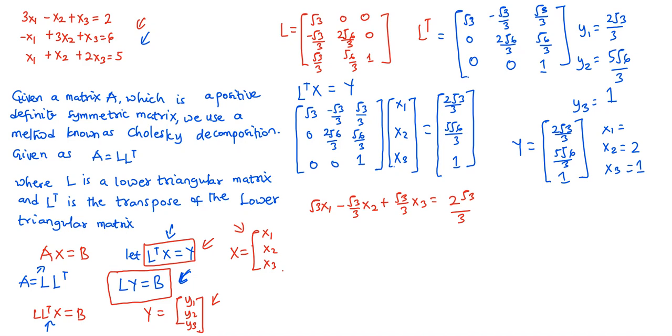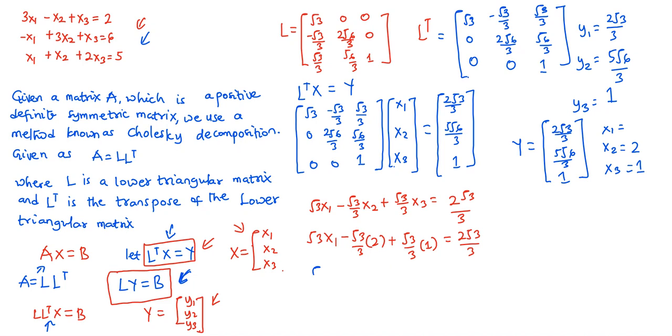Now let's substitute the values: root 3 multiplying x1, minus root 3 on 3 multiplying x2, which is 2, plus root 3 on 3 multiplying x3, which is 1. This equals 2 root 3 on 3. Let's simplify: minus root 3 on 3 multiplying 2, plus root 3 on 3 gives us a value of minus root 3 on 3.